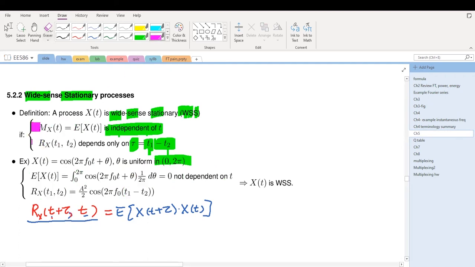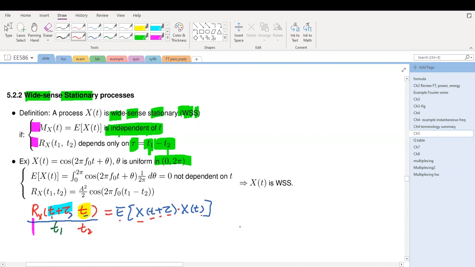Because of these two properties, the stationary process is more tractable. Normally for a stationary process, the autocorrelation can be written as R_X(t plus tau, t). Here t plus tau is t1, and t is t2. It is the expectation of x at time t plus tau multiplied by the random variable at t.